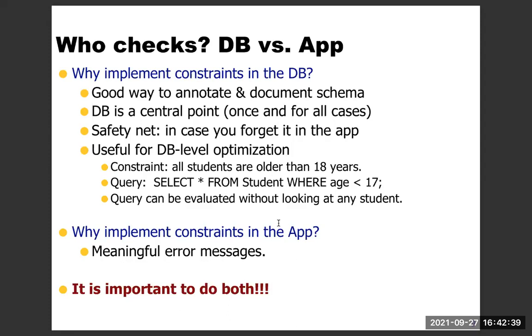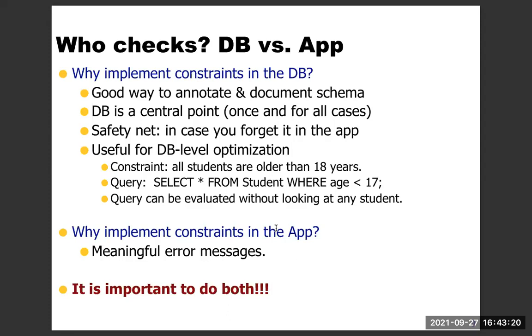And implementation of constraints in the application is better for error messages. If I fill a form on a screen and then press a button to submit, then it's better for me to have meaningful messages, and those meaningful messages would probably come from the application. The application checks this and that and says, you need to set this, you might not set that. The database will send me a technical error. Oh, no, primary key violation in table. What does it mean?